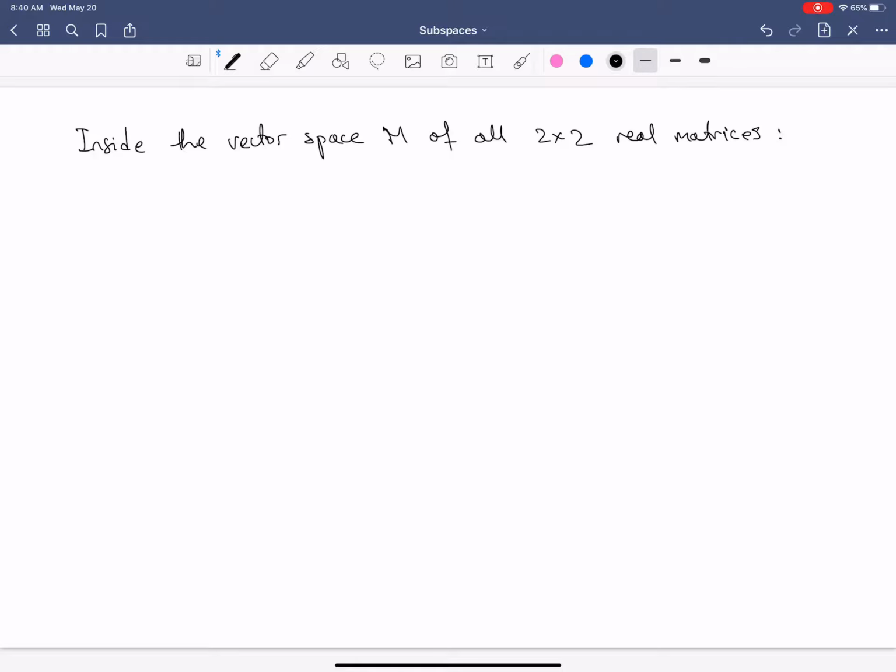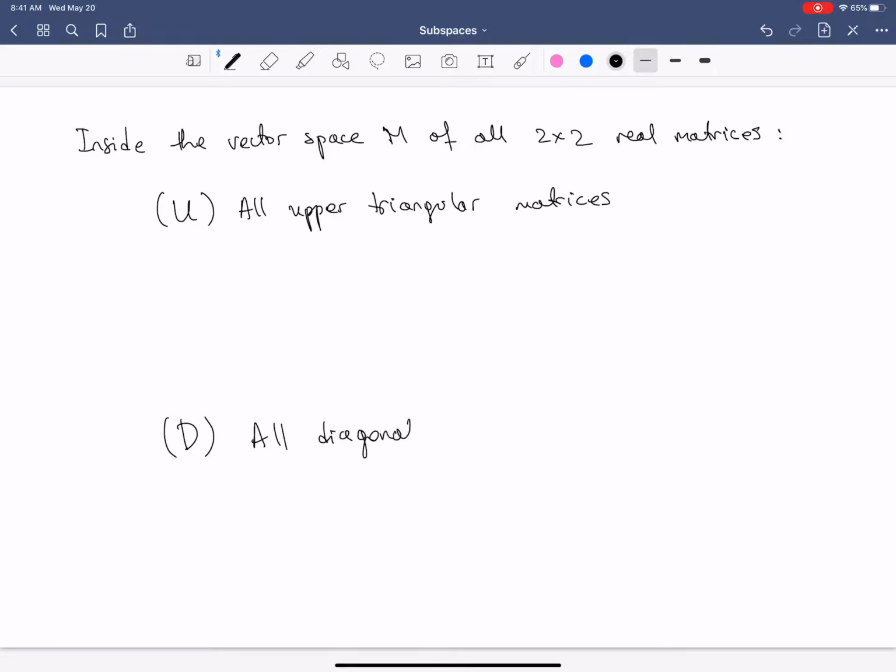This is not an exhaustive list. There are more, but here are just two of them. So we have U, which is all upper triangular matrices, and D, the subspace consisting of all diagonal matrices. Let's see why that is the case.